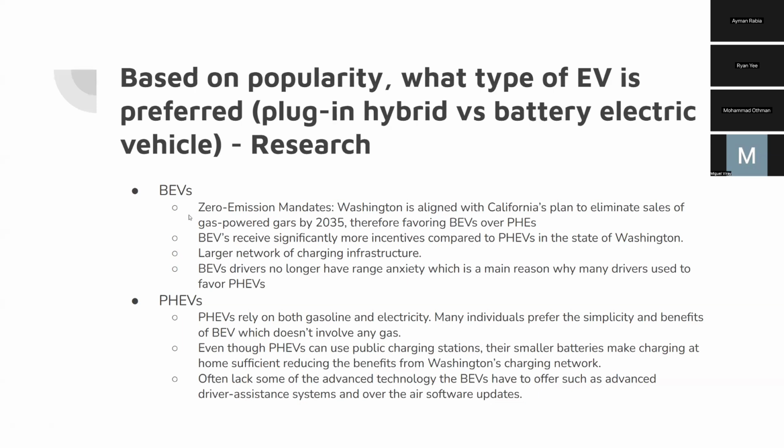And while plug-in hybrids can use these, their batteries are a lot smaller, so people would prefer to charge at home. And so plug-in hybrids don't benefit as much from the charging network in Washington. And obviously battery electric vehicles have significantly more advanced technology than plug-in hybrids. Next slide.